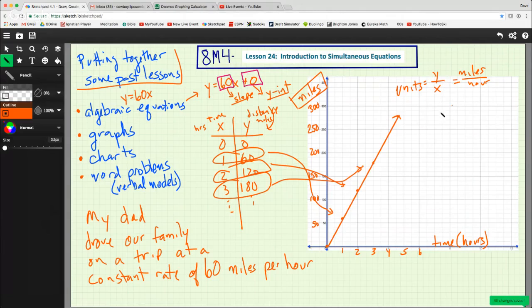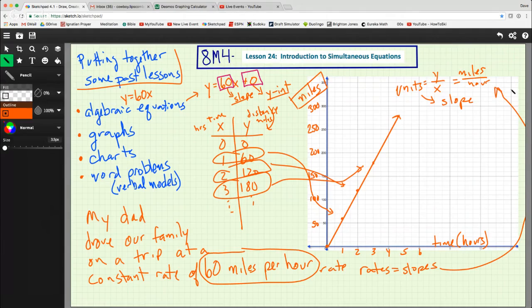The units of our slope, and we learned this probably 3 or 4 lessons ago, are always y over x. So we can always check our neat word problem. So 60 miles per hour is our rate. And we remember that rates equal slopes. Our slope is 60, and our units are miles per hour. Everything's just so neatly tying together.